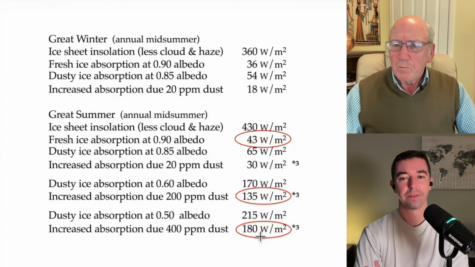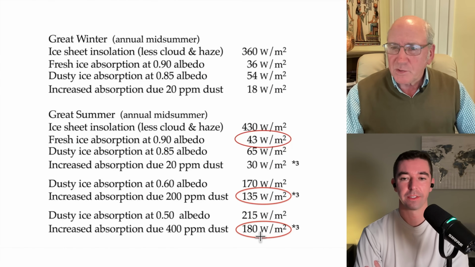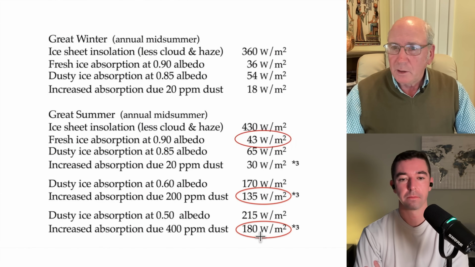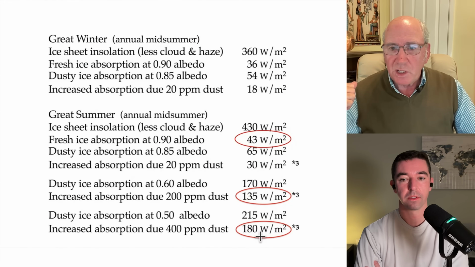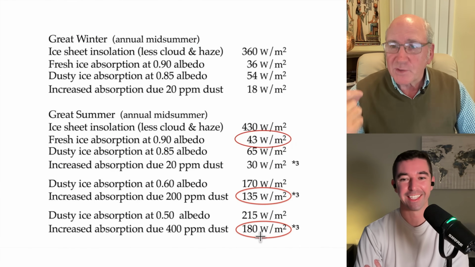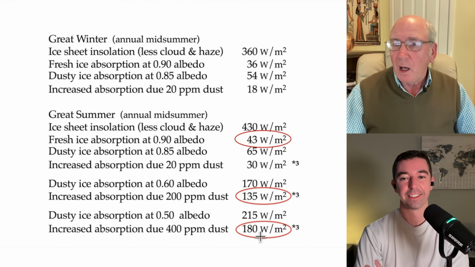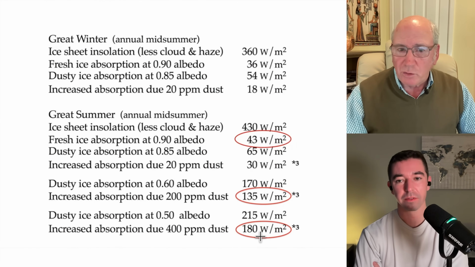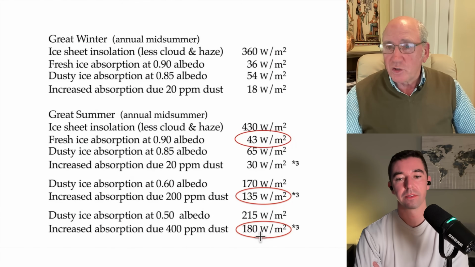Oh, you've got to spread it all over the world. No. What melts the snow and ice in Canada when you get to a northern spring? It's not the temperature in Argentina. It's the sunlight and the warming in Canada itself. Exactly. So this is a regional effect, not a global effect.